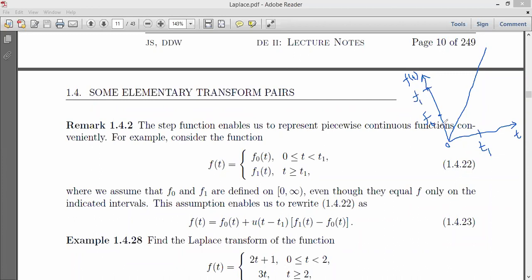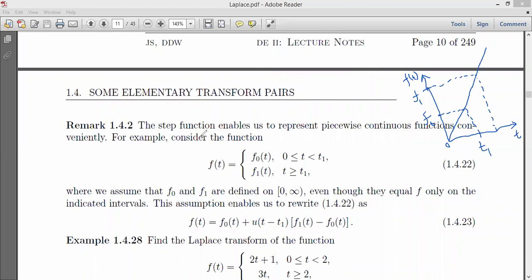This is f1. So f naught can go all the way up to here, and this comes right there. Then I have a certain f1 which goes all the way up to here, and then in here it comes down there. Okay, so if I have that, then what would it mean?